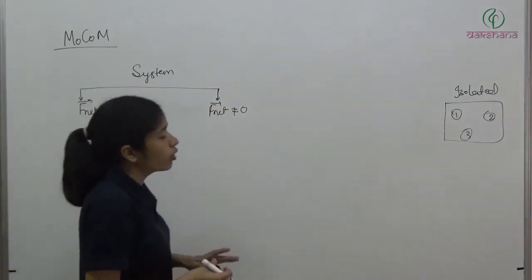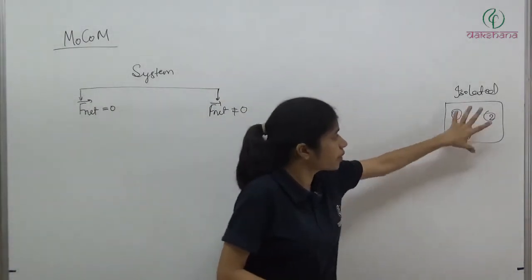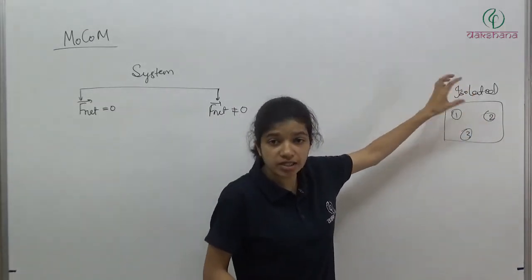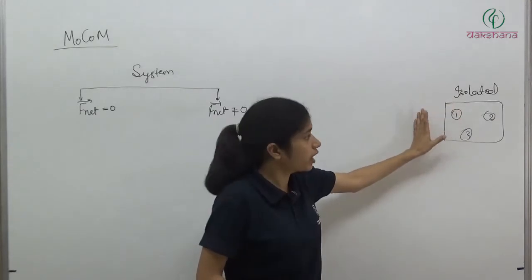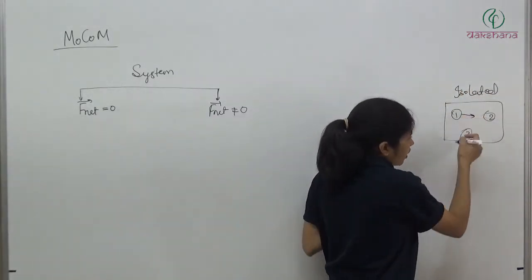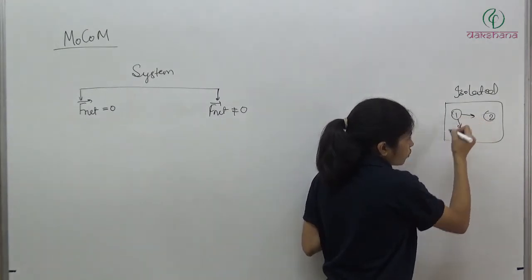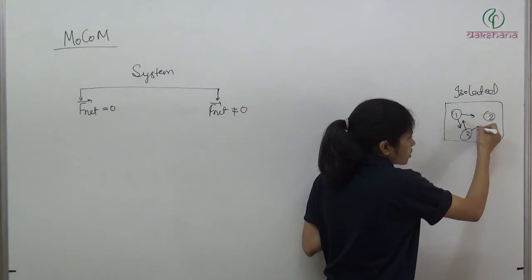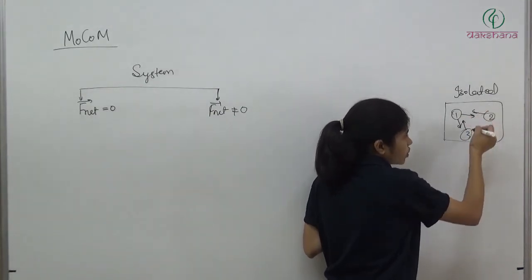Clear? So possibly there are many forces. If we see on this particular particle, there is a resultant force on this particle. But for the complete system, here we have force due to this and force due to this. Similarly, on this particle we have force due to this and force due to this. Similarly, on this particle we have force due to this.